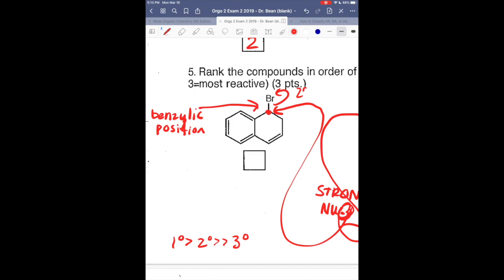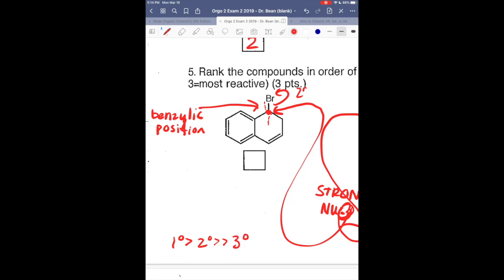At the benzylic position, it is more reactive in an SN2 process. That's just because of the transition state where this bromine is leaving, right? And then the bond to the nucleophile is forming on the other side, and so on. At one point this is leaving, and then you're adding some negative charge here and positive charge towards the ring.